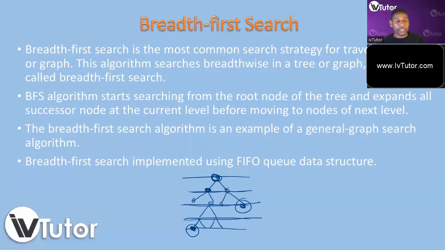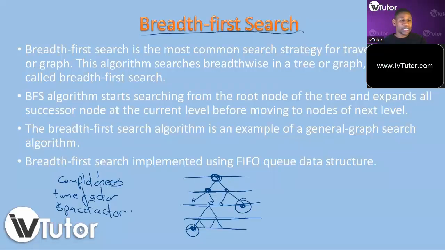How can I explain it in simple terms? We are going to look at completeness. We're going to look at the time factor of each and every one, and the space factor as well, to judge these search algorithms.